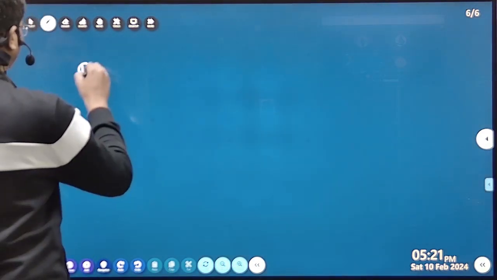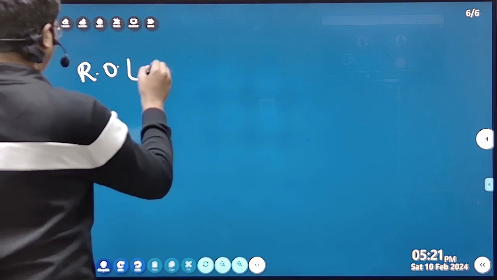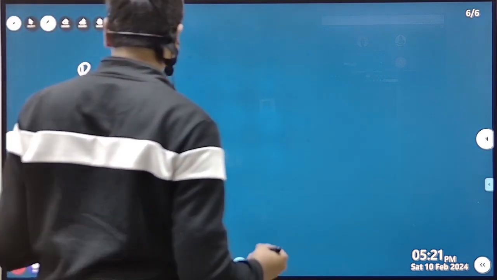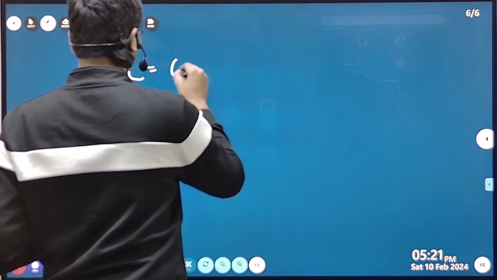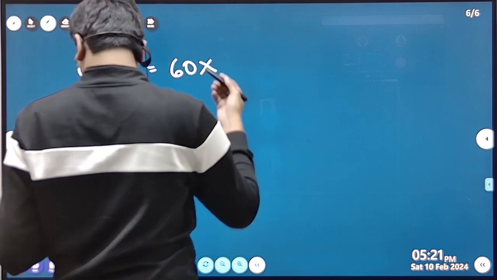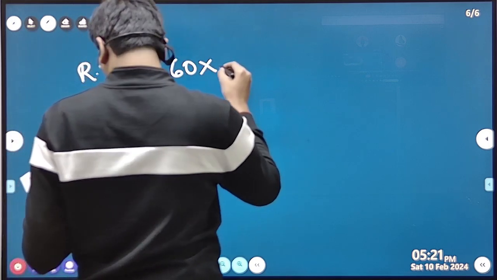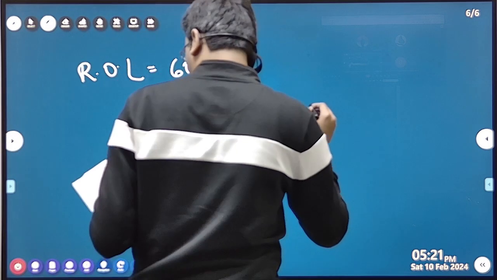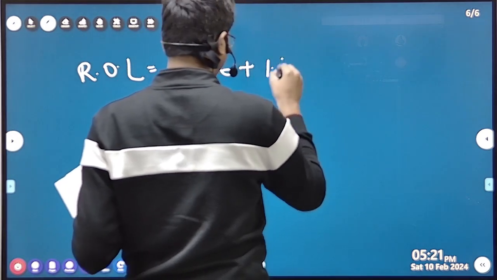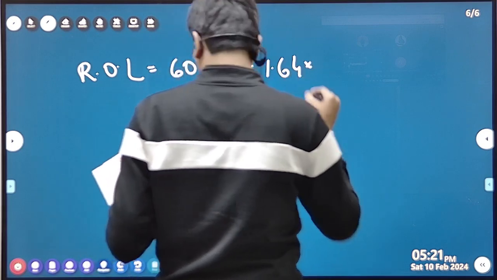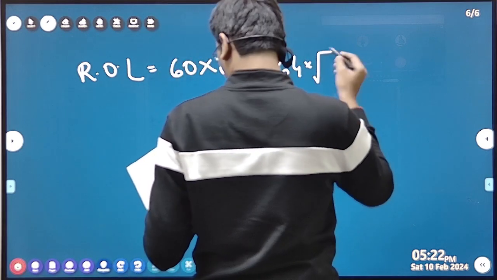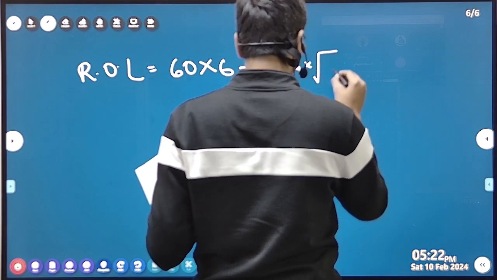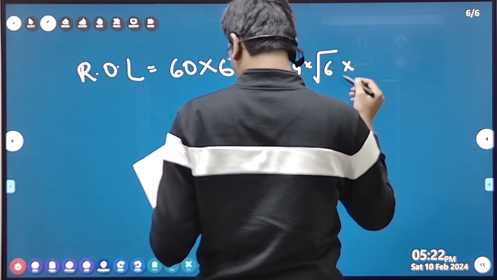Now we will go to reorder level, with the same formula we have used. Average is 60 into lead days 6, plus, since it is again 95%, 1.64 into under root of 6 into 7.